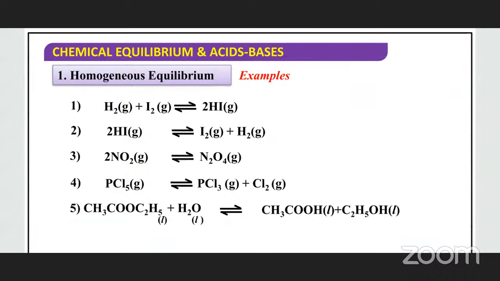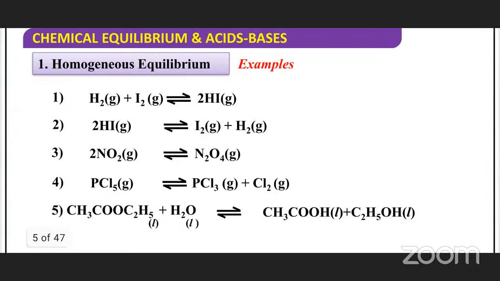Homogeneous equilibrium example number 1: H2 plus I2 gives rise to 2HI. Here reactants H2 and I2 and product 2HI are in the same physical state, gas phase. So this equilibrium is called homogeneous equilibrium.